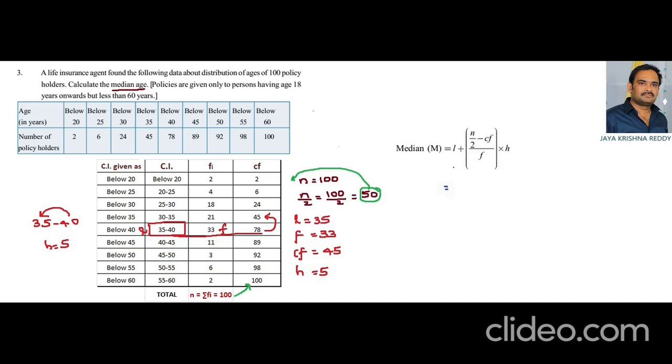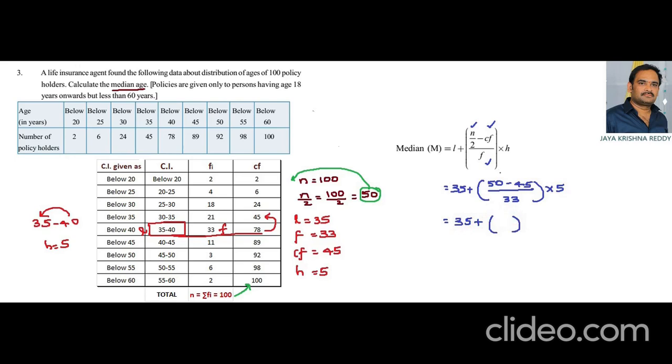So equals, what is the L value here? 35 plus, in the numerator, N by 2 value is 50 minus CF value 45, by, what is the f value for the denominator? It is 33, times H, the height of the class interval, 5.